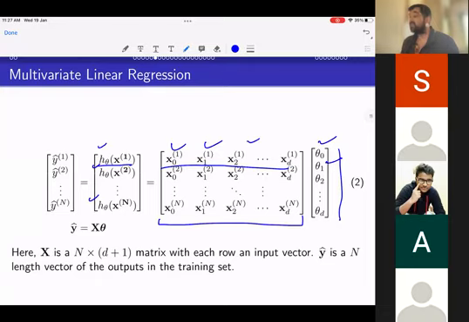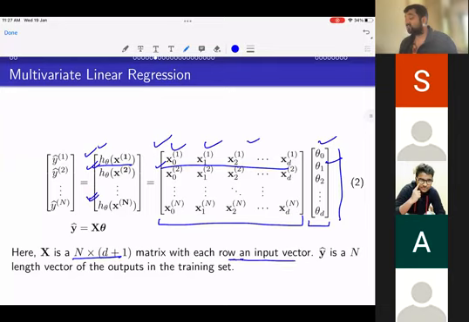This is the matrix of all the components of all the x's, and this is the vector of all the components of theta. So x is now n cross d plus 1 dimensional, because after adding x0, which is always 1, x becomes d plus 1 dimensional, and you have n such rows because you have n data points. So it is n cross d plus 1.